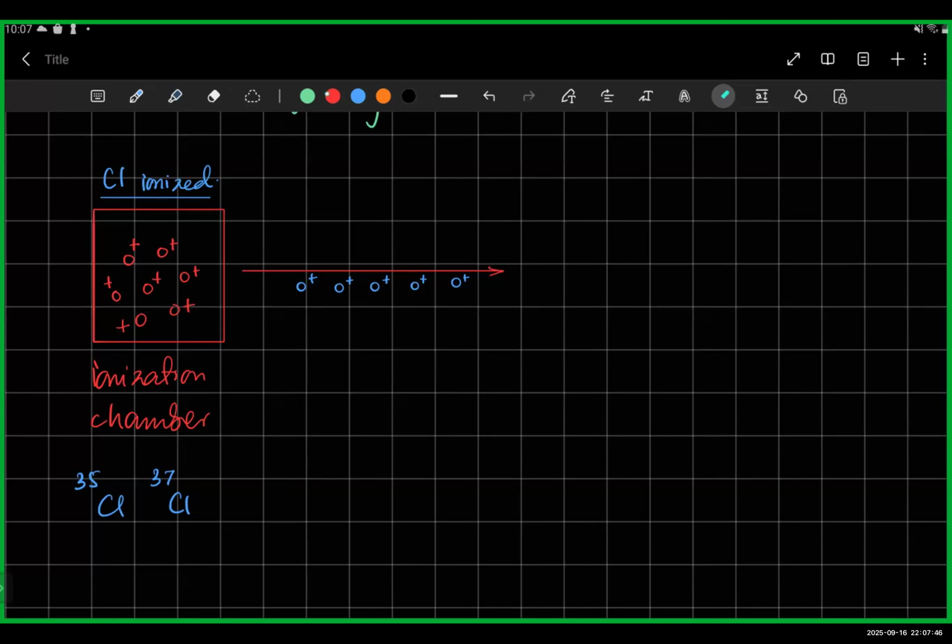Now, over here, there's a magnetic field. If you've done IGCSE physics, you would know that charged particles get deflected in a magnetic field.